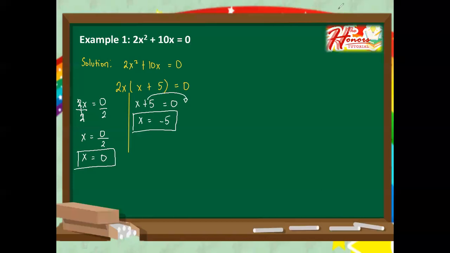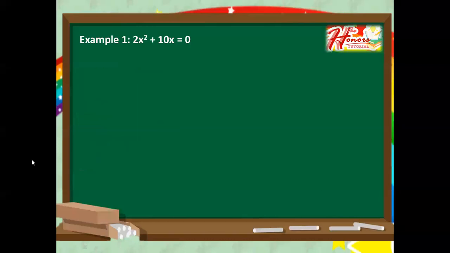Let's have number 2. We have here 4x squared minus 6x equals 0. So same process, I want you to think of the GCF of 4x squared and 6x. So in this case, that is 2x.